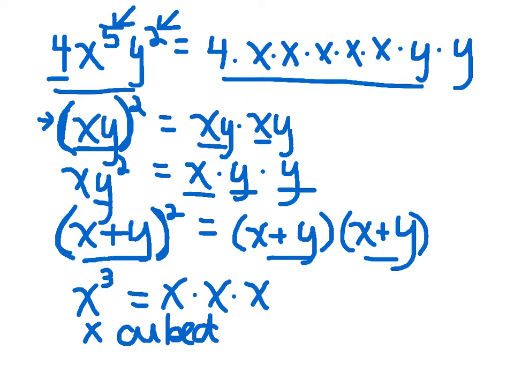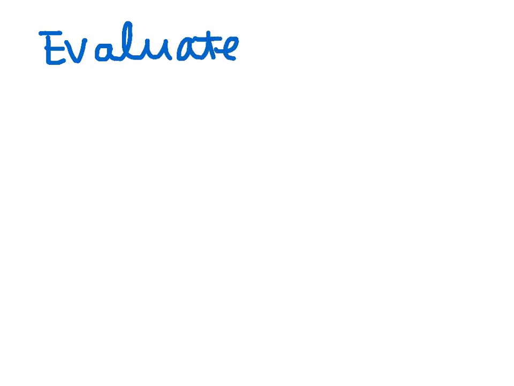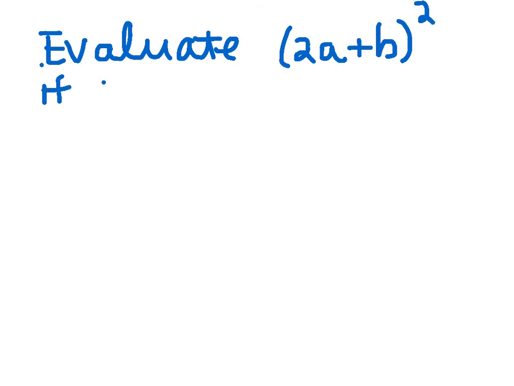The harder part of tonight's homework is showing replacement and following GREMDAS. But once again, this is nothing that is completely new to us. I'm going to do the 2 examples that are in the book where you are to evaluate the problem 2a plus b squared if a is equal to 3 and b is equal to 2.